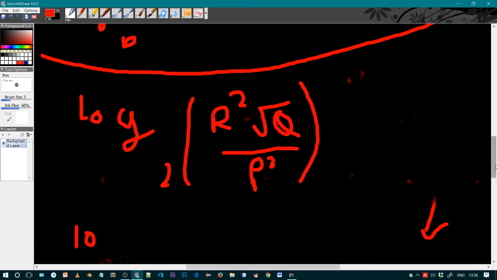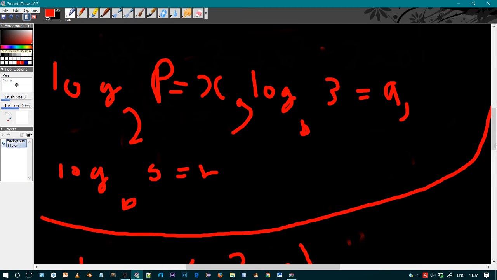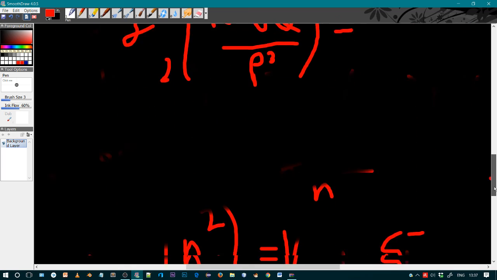I have to simplify this value, and I have to write this expression in terms of q, x and r.